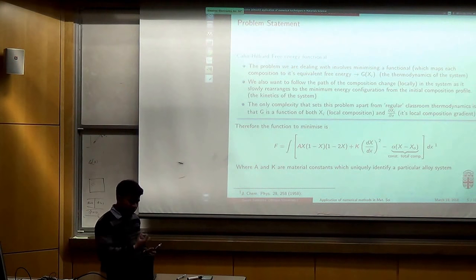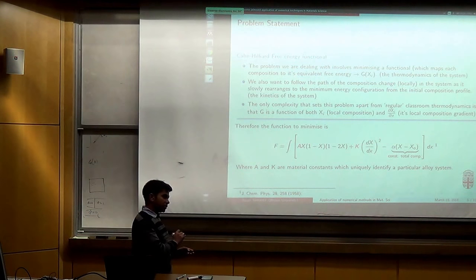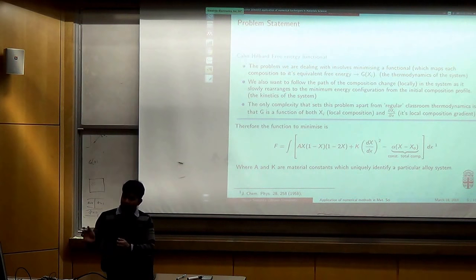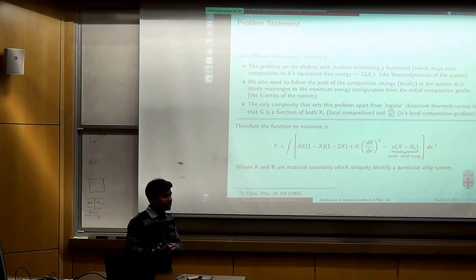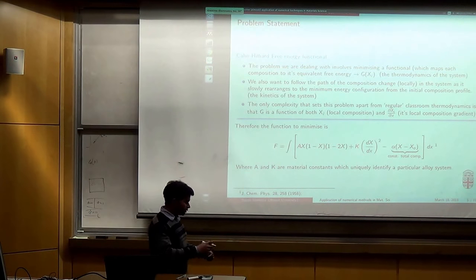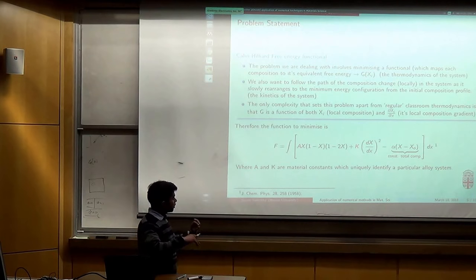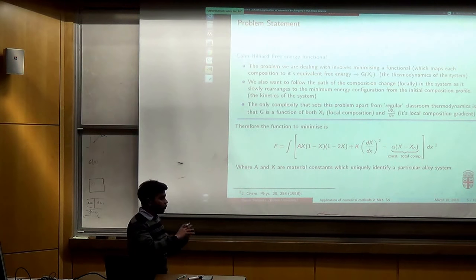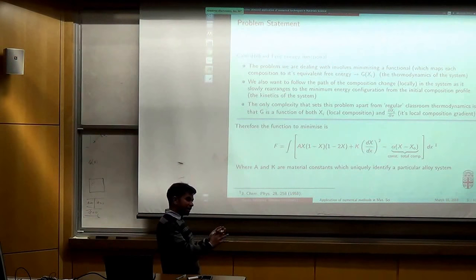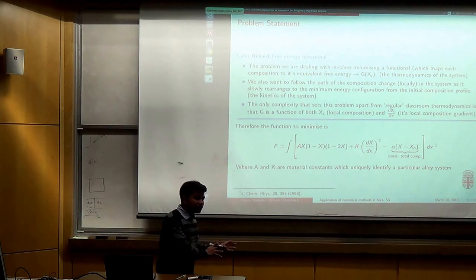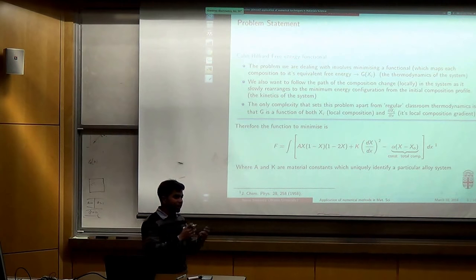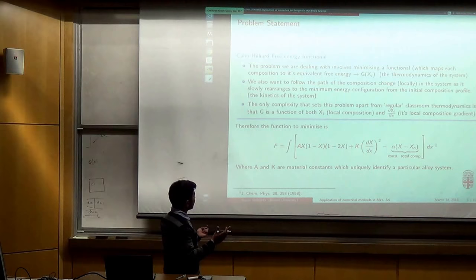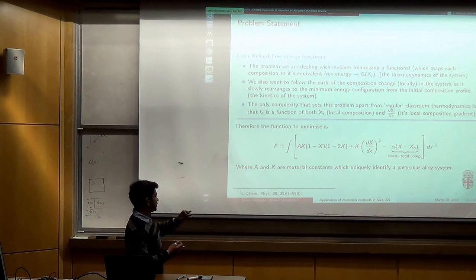So if there is some region which is getting rich in a particular composition, there has to be some other region which gets depleted of the same element. And the overall result is, although there would be a distribution of, say, any particular species more in certain regions and less in certain other areas, the overall composition would be the same as we had first applied it, because matter cannot just go away or get created on its own unless some chemical reactions go on, but this is not the case.